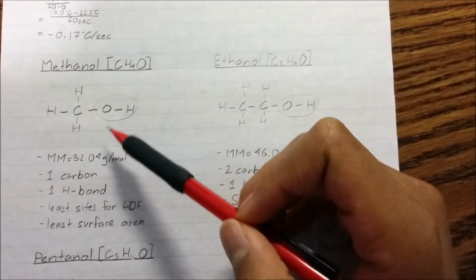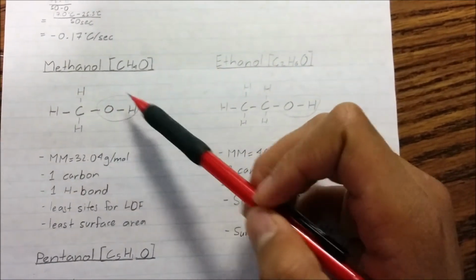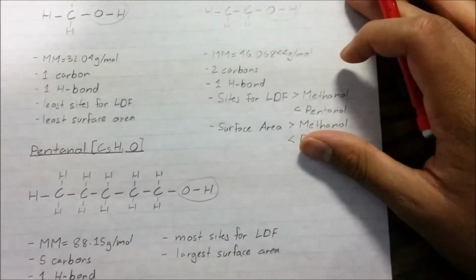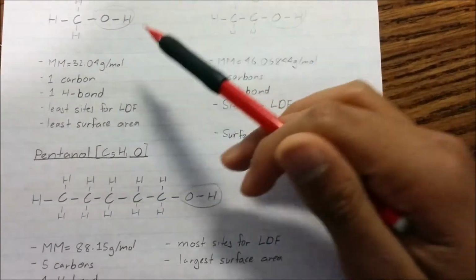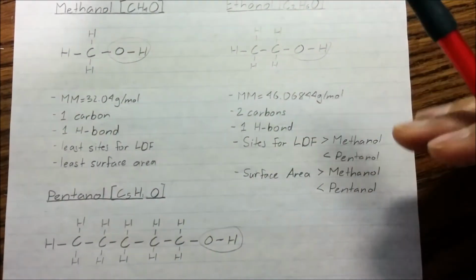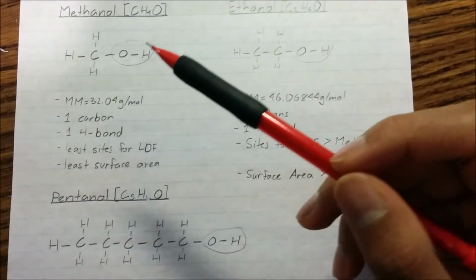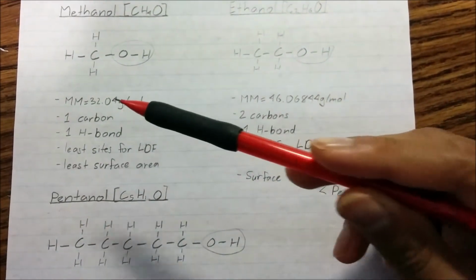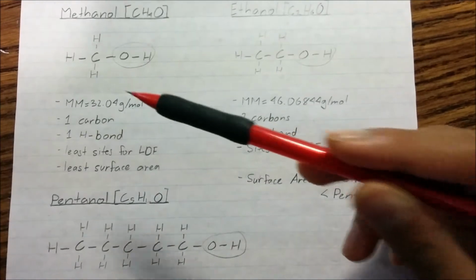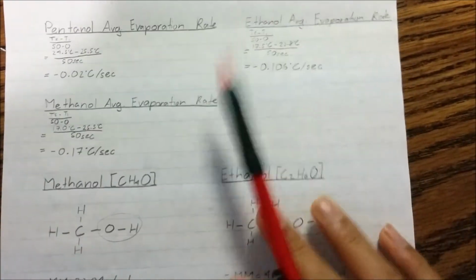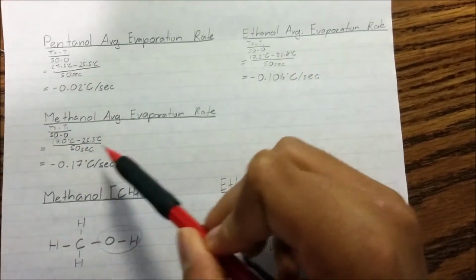And since it only has one carbon and one hydrogen bond, the same amount of hydrogen bonds as all the other alcohols, it will have the least surface area and the least sites for LDF to occur. Therefore, methanol requires the least energy to overcome the intermolecular forces, resulting in the fastest evaporation rate, which is exactly what we got here.